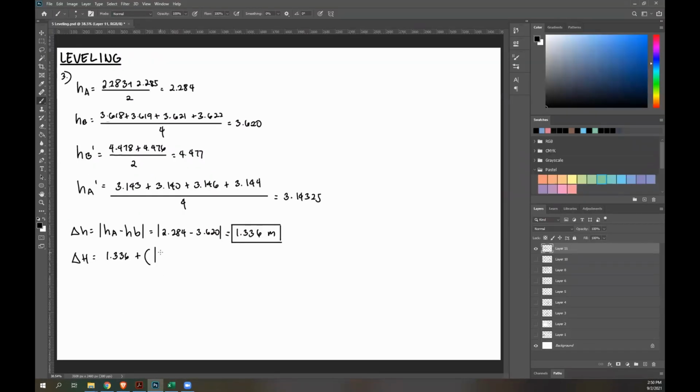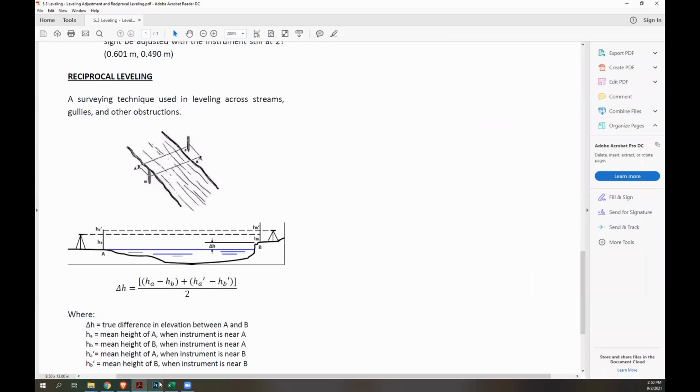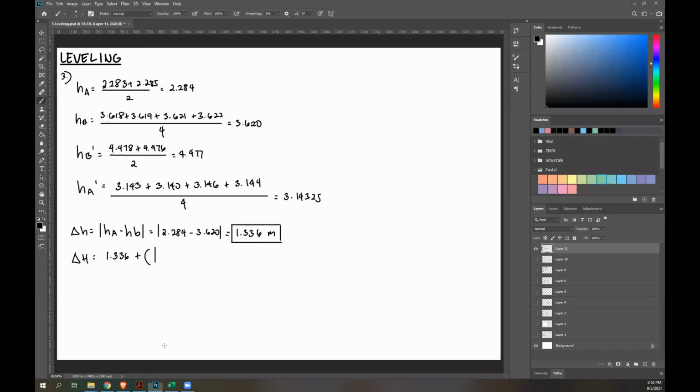So again, you're gonna use the absolute value. So HA prime, that was 3.14325 minus 4.477. Okay, again, absolute value over 2. And the final answer here would be 1.335 meters.